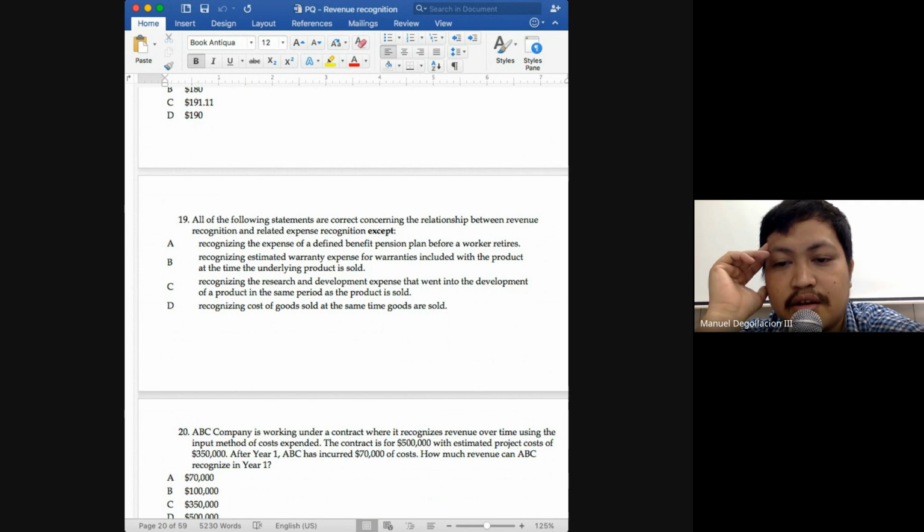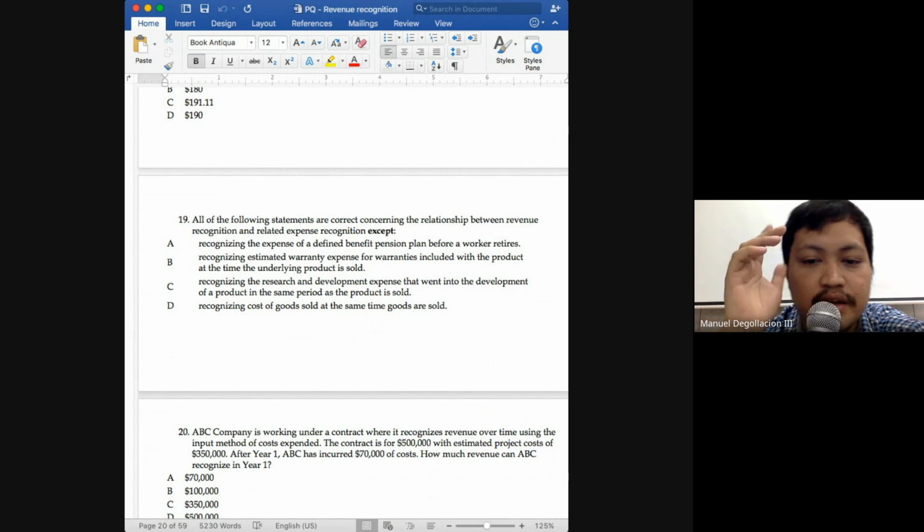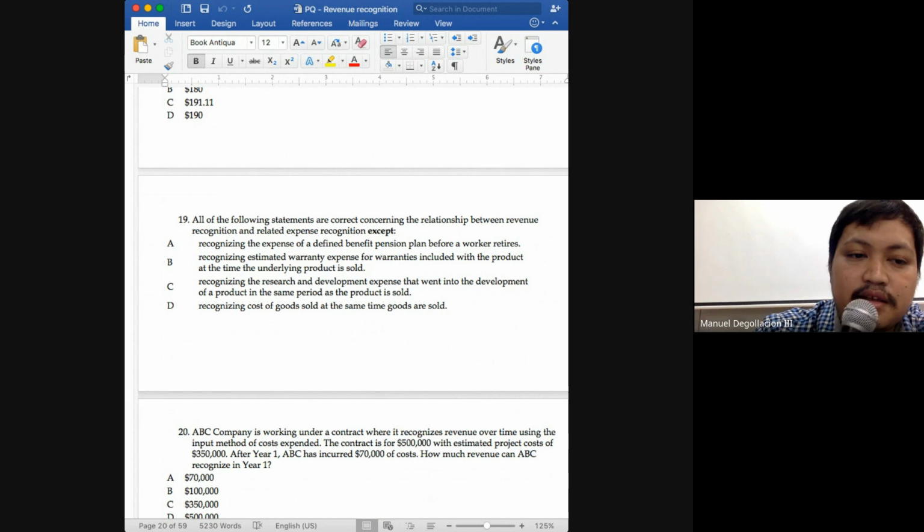That's correct. Letter C, recognizing the research and development expense that went into the development of the product in the same period as the product is sold. No, under US GAAP, development costs will be expensed outright. So the answer there is letter C. Of course, cost of goods sold will be recognized at the same period the sales are recognized.